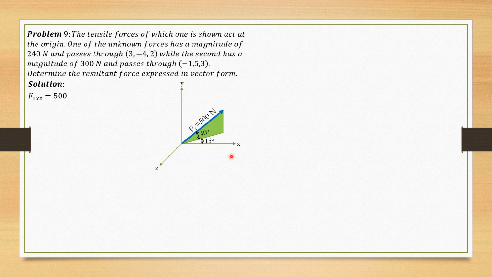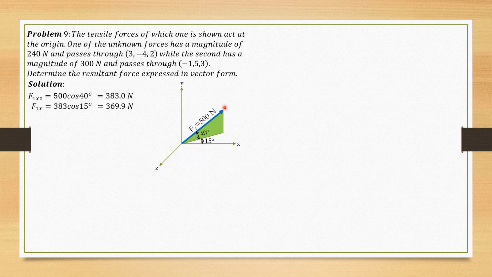F1xz is 500 cosine of 40, so that would be 383 newtons. Then F1x is positive, going to the right, so it is 383 cosine of 15 degrees, and that would be equal to 369.9 newtons.